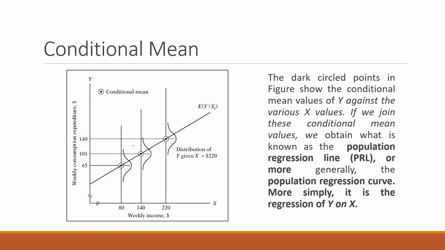The dark circle here shows the conditional mean of y against the various values of x. So here the income was 80 and the conditional mean was 65, and we are trying to pass a line in this way. If we join these conditional means, we get the population regression line, also known as the population regression curve.